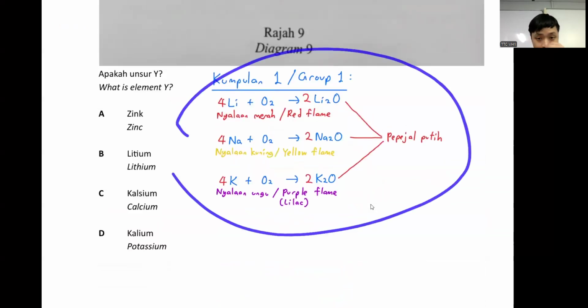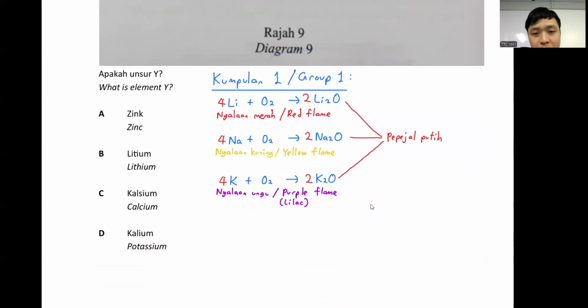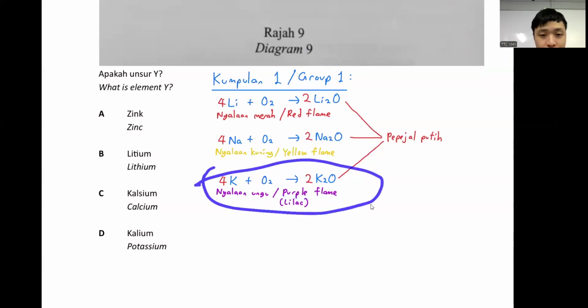So in this case, who is element Y? I list down again for you. Group 1 like lithium, sodium, potassium. If lithium burns with oxygen, you get a red flame. If sodium burns with oxygen, you get a yellow flame. If potassium reacts with oxygen, you get a purple flame, or you call it lilac flame, because potassium is very, very active.